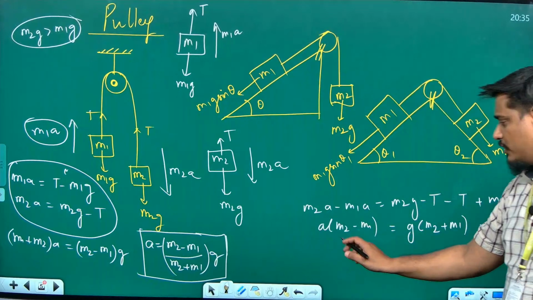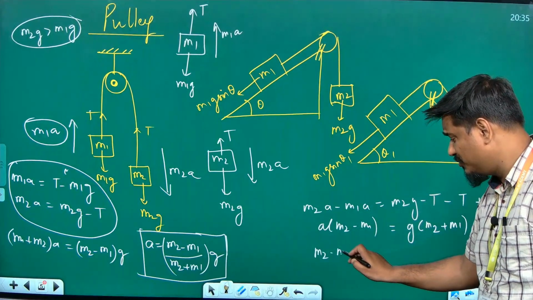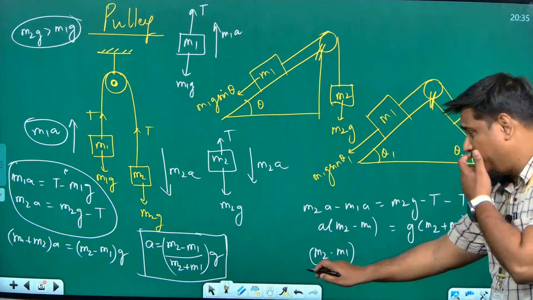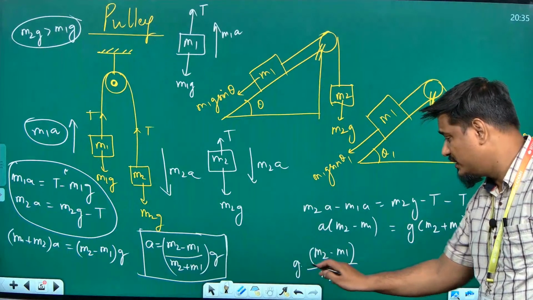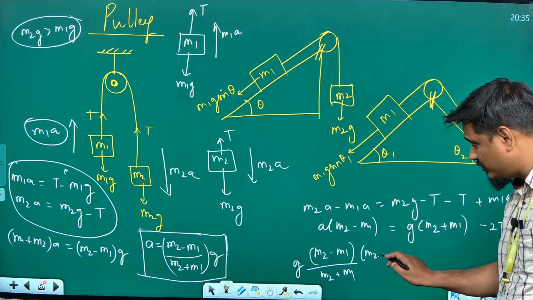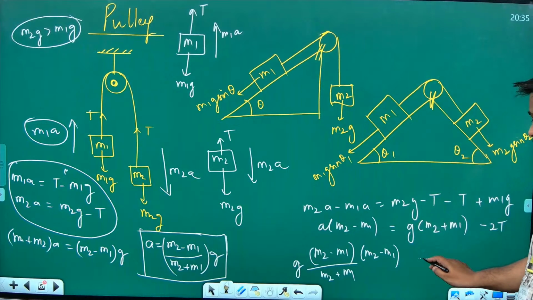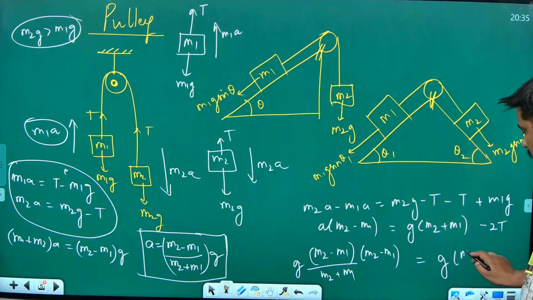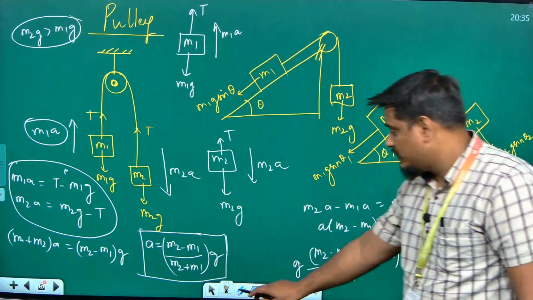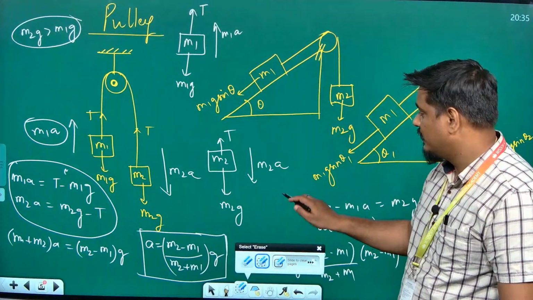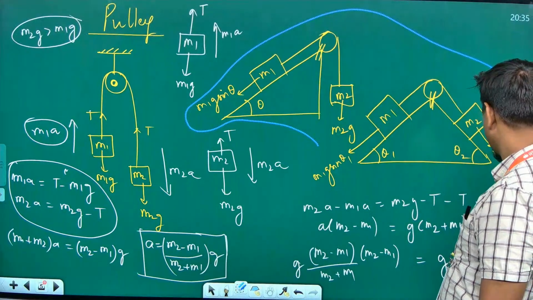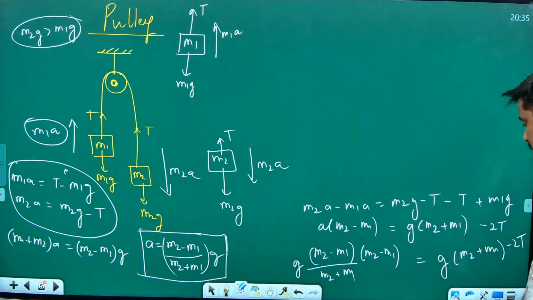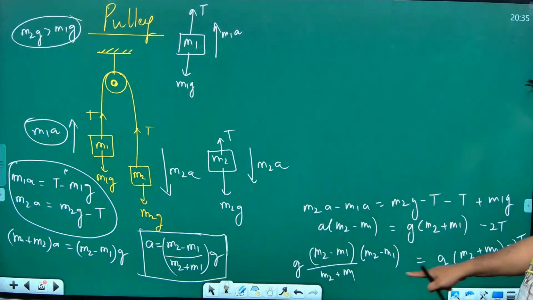Now, a value already we have got, (m2 minus m1) by (m2 plus m1) into g, into again (m2 minus m1), unwanted tension, is equal to g into (m2 plus m1) minus 2T. Not required, but okay, since I have started, let me end it.